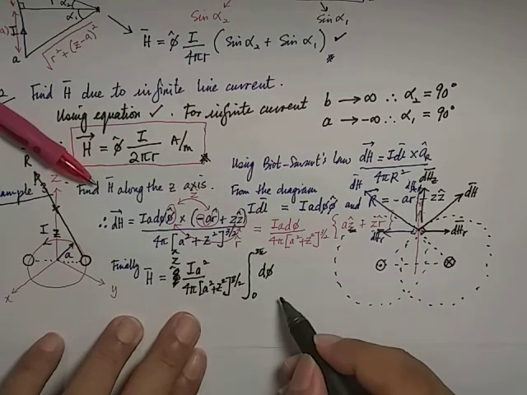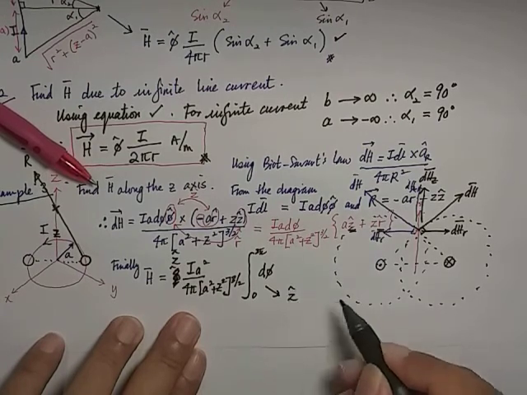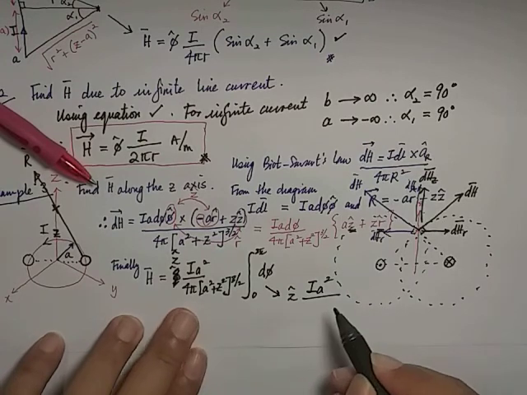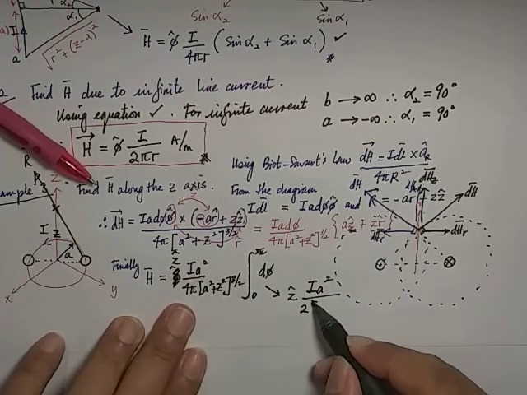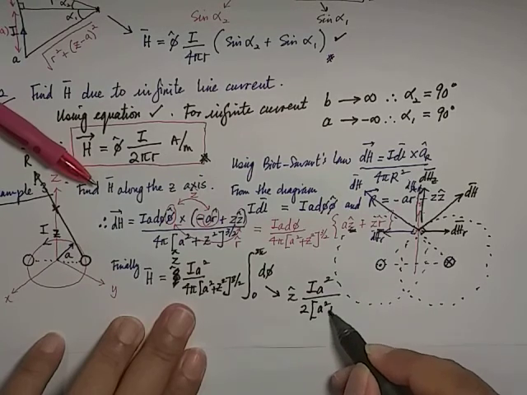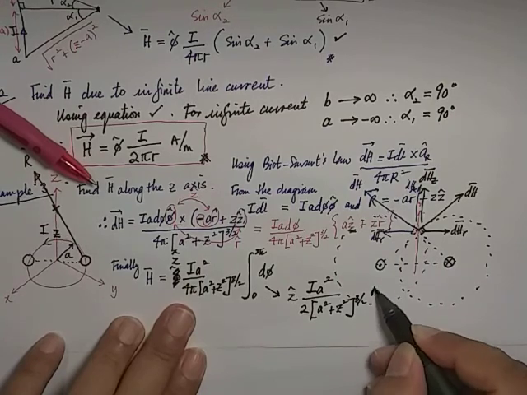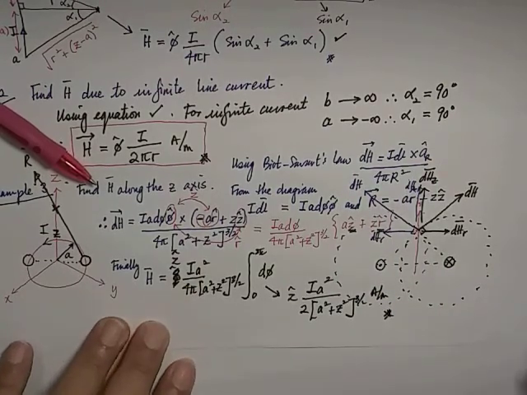And my final solution is going to be equal to, in the Z direction, I a squared over, 2 pi and 4 pi, yes, ending with 2 times a squared plus z squared to the power of 3 over 2 ampere per meter. Alhamdulillah, we managed to solve the problem.